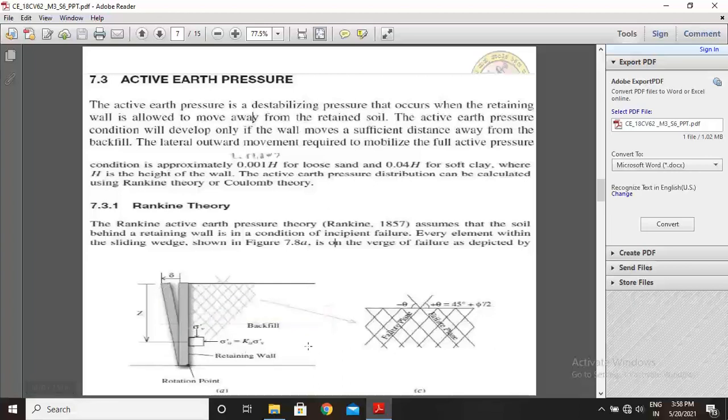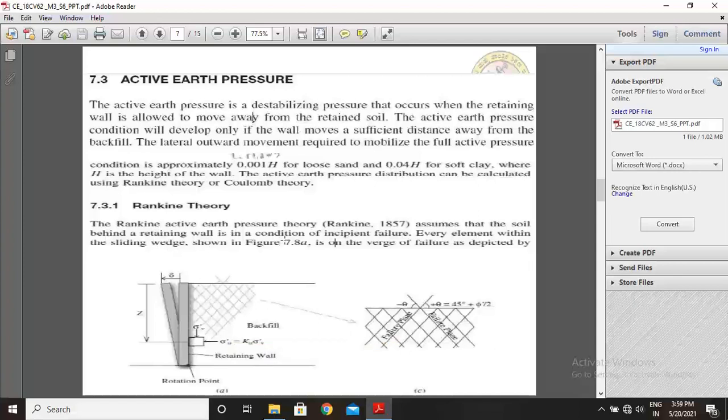And this is the diagram of how active earth pressure acts. So this is the top surface, these are the failure planes. Okay, this failure plane is acting at an angle theta equal to 45 plus phi by 2. So this is the concept of how active earth pressure is explained by Rankine's theory.